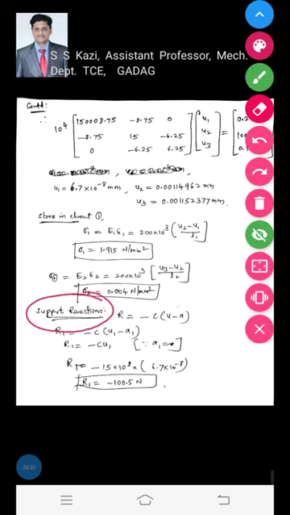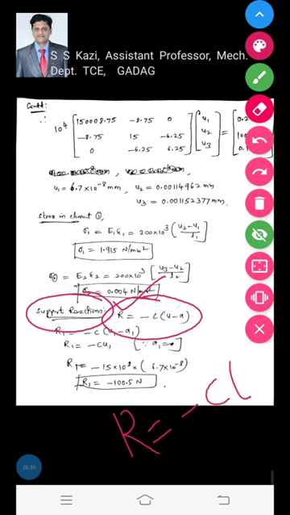Now, support reactions using the penalty approach. How to calculate the support reactions? R is equal to minus C into (U minus A). That is, R can be calculated as minus C, the stiffness, into the displacement U minus A. What is that U minus A?